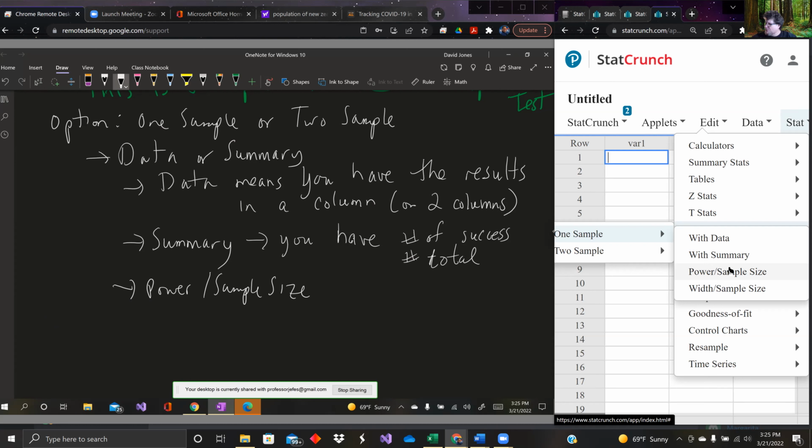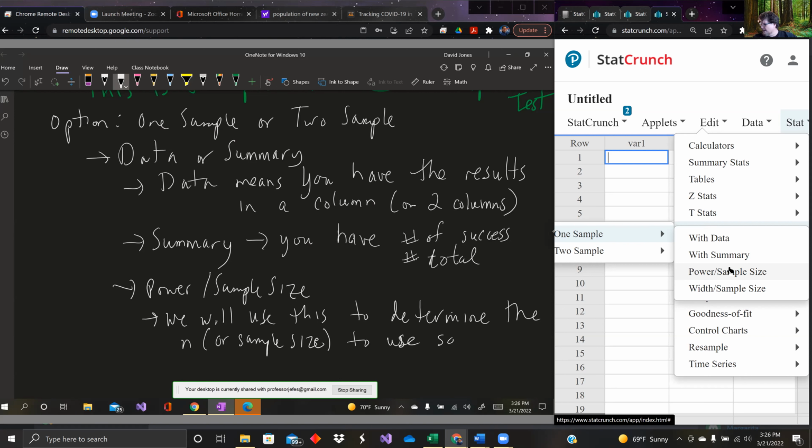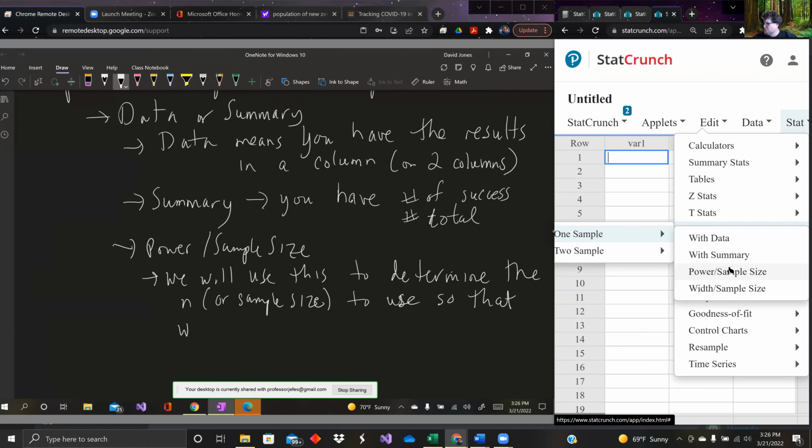We will use this to determine the N, or sample size, to use so that we have bell curve results. We have normal results.